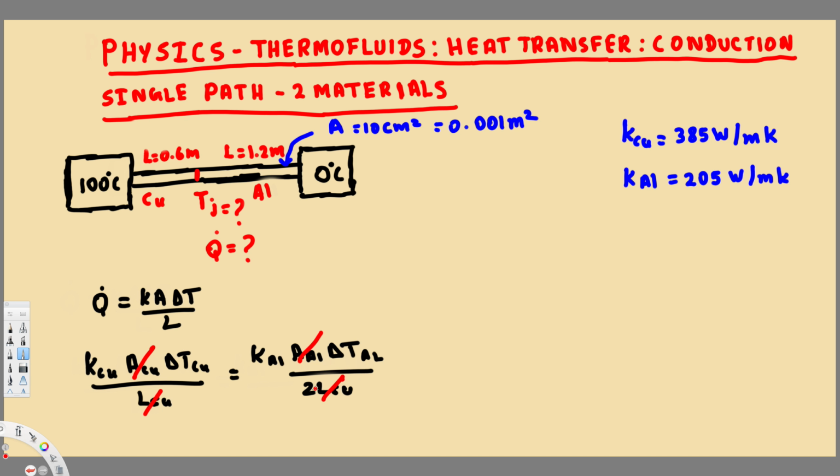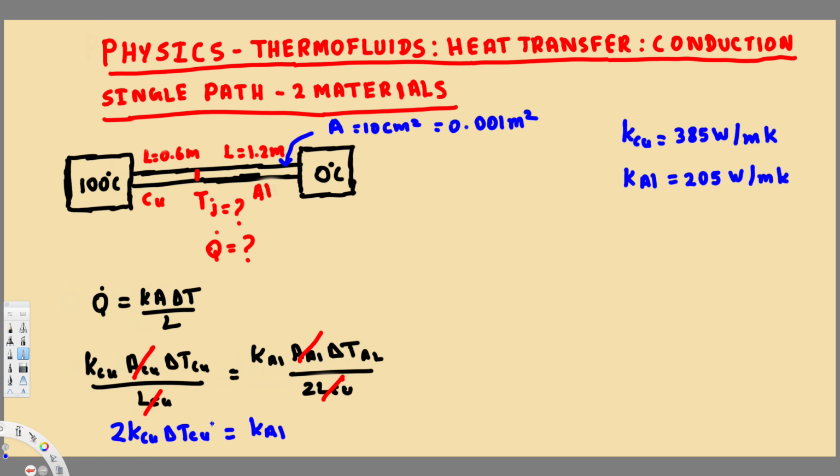Also we have a 2 right here, and if I bring this to the other side, that's going to be 2 K_Cu delta T_Cu is equal to K_Al delta T_Al.